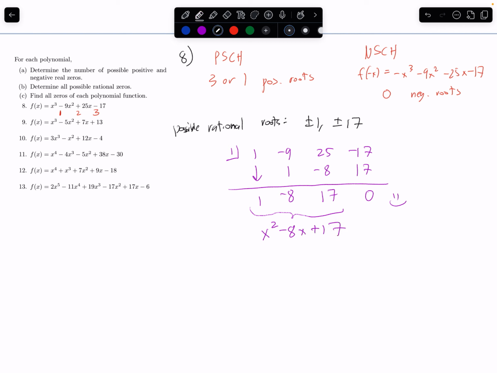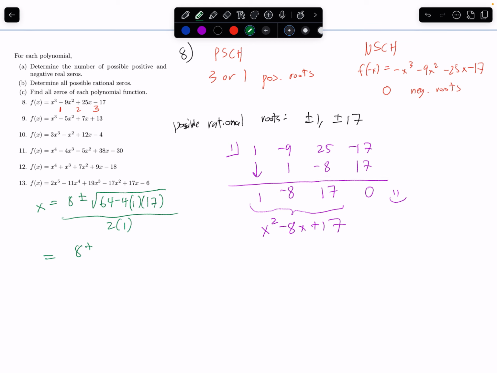When you're doing these kind of things, trying to find all zeros, you're just trying to get down to the quadratic form. Once you're in quadratic form, if it factors, perfect. But if it doesn't, like in this case, then just plug that into the good old quadratic equation. So x is going to be negative b, which is 8, plus or minus the square root of b squared, 64, minus 4a, which is 1, c, which is 17. 17 times 4 is 68, divided by 2a, which is 2 times 1.